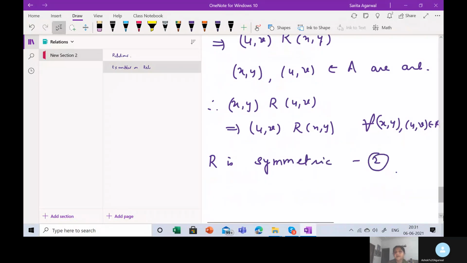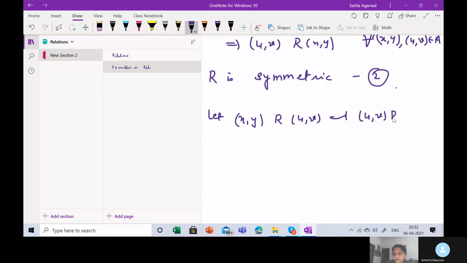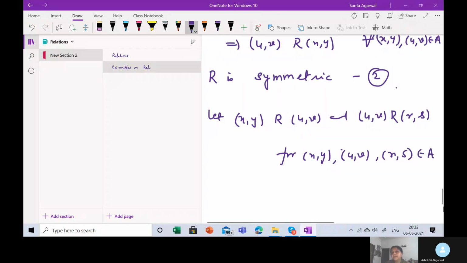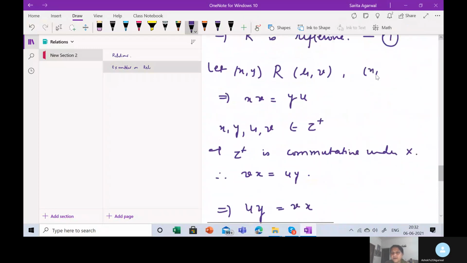Now we are going to prove the third point. Let (x, y) be related to (u, v) and (u, v) related to (r, s), for (x, y), (u, v), (r, s) belonging to A, right?